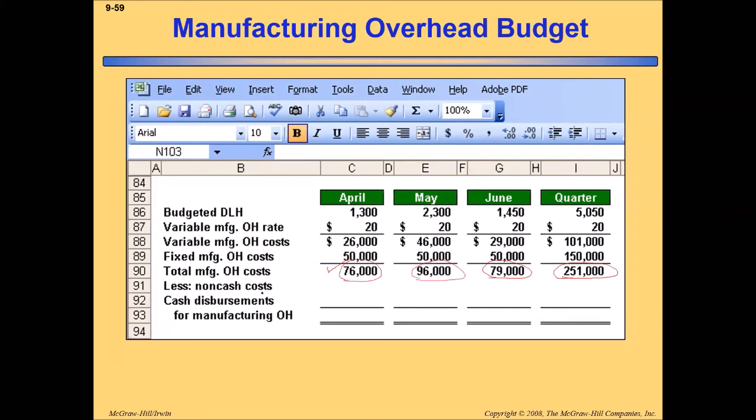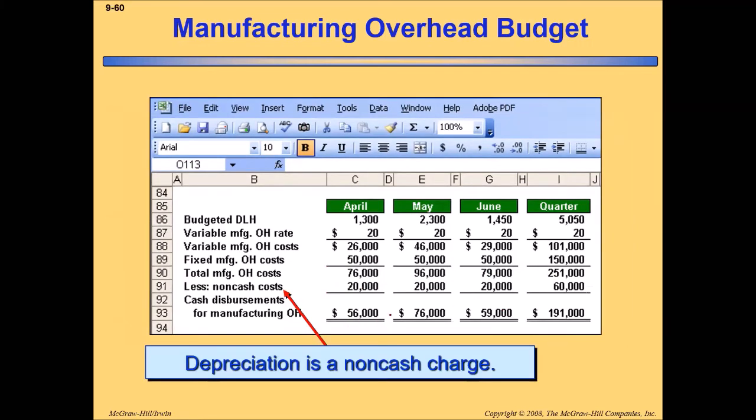There is also some non-cash expense included in this cost. So we will deduct that 20,000 non-cash expense, and we have to pay 56,000 because the rest is non-cash.